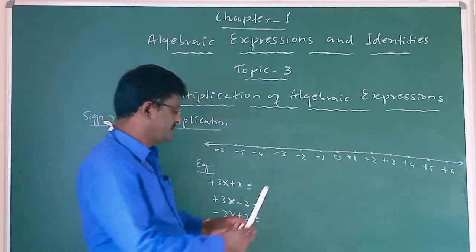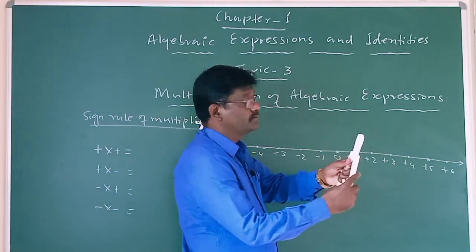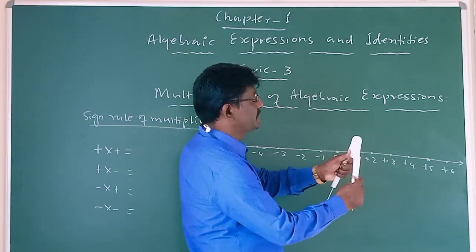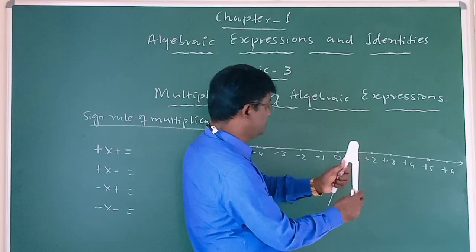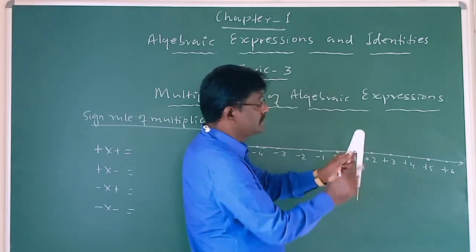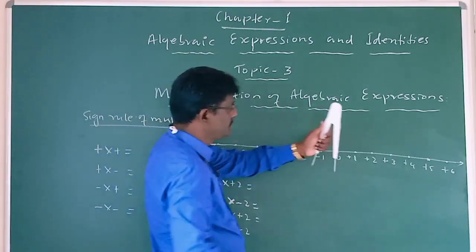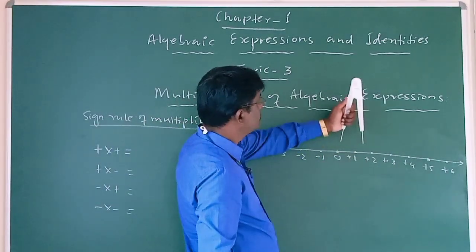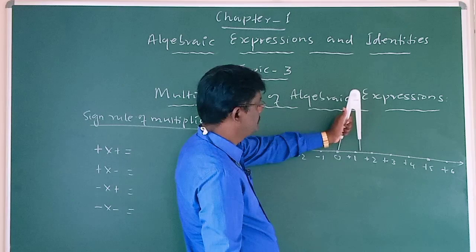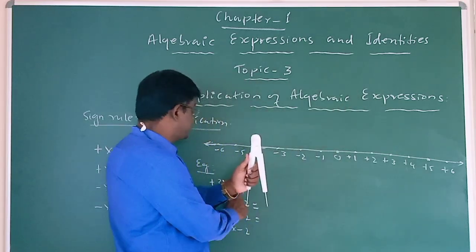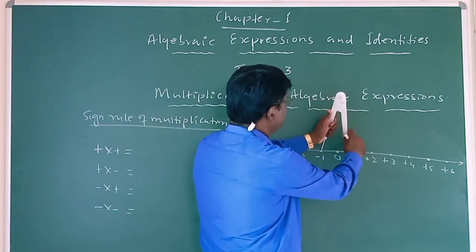Plus 3 means, let us take the help of a divider. This arrow mark should indicate always, if it is plus 3, face this towards the plus side. Now plus 3, take 3 units.